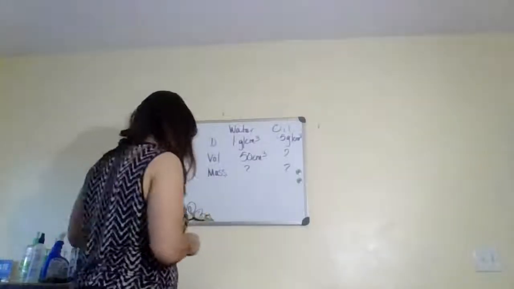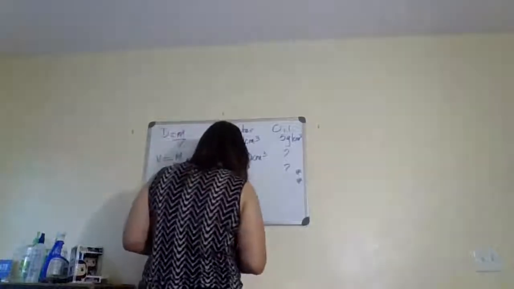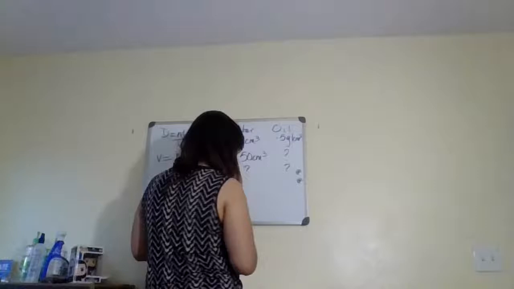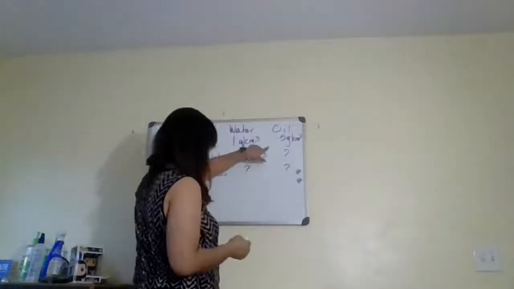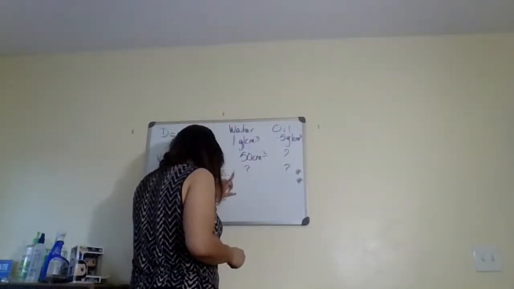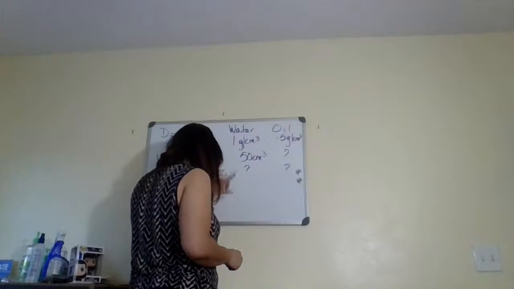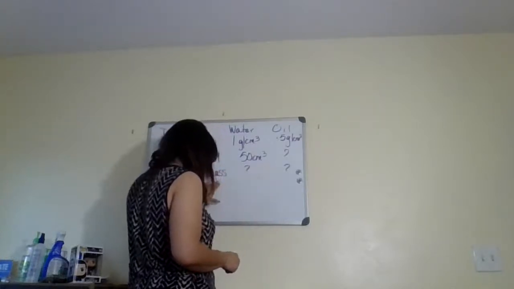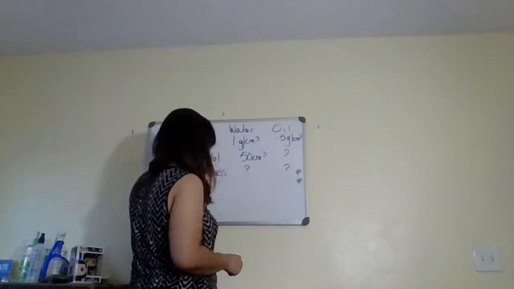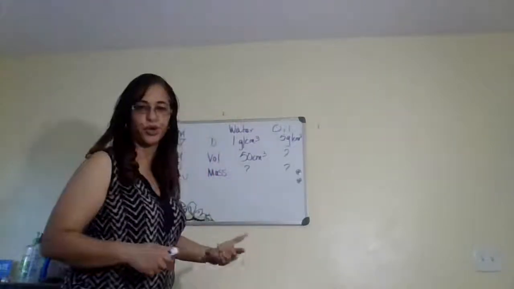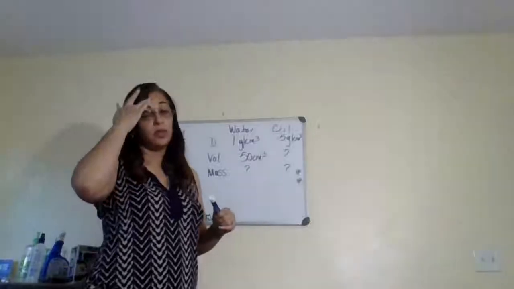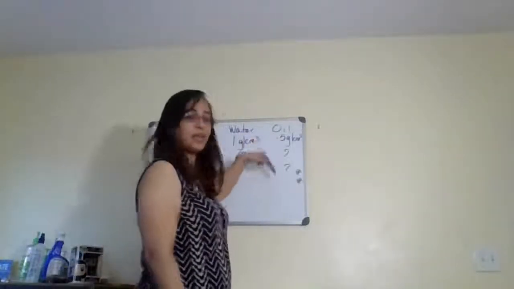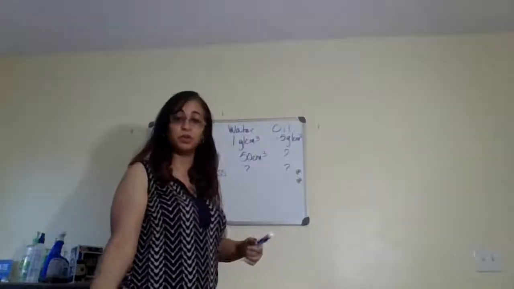Now, the question reads, the density of water is 1 gram per cubic centimeter. The density of the oil is 0.5 grams per cubic centimeter. What is the volume of oil that has the same mass as 50 cubic centimeters of water? Well, we look at oil, we can't calculate anything with one variable.